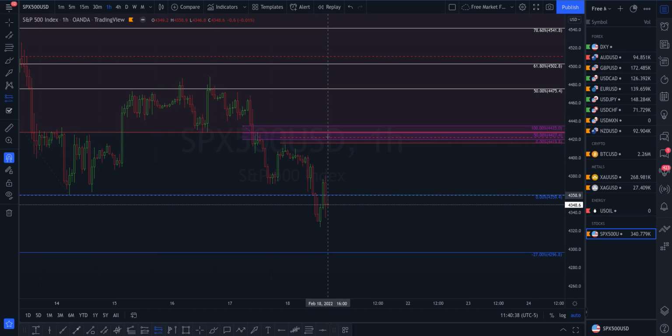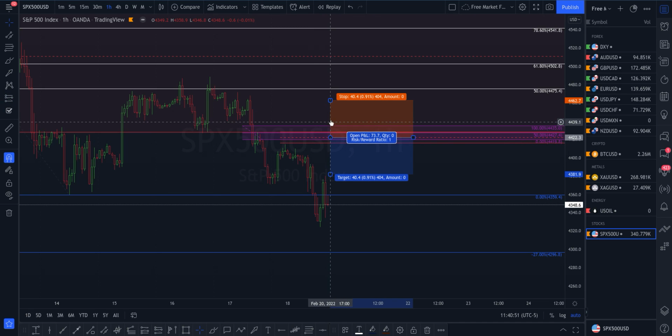So they may do here. I would say do this, because what they're probably going to do with this imbalance is not fill it completely. Maybe just do a 50% fill.